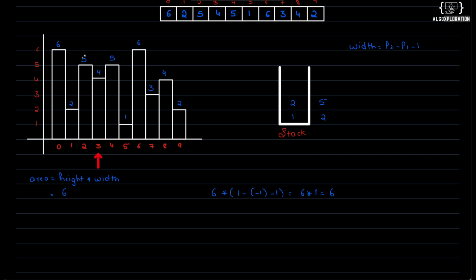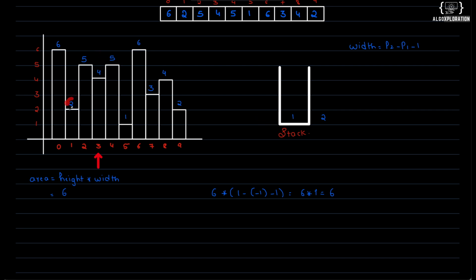Now over here I do see that if 4 is there, 5 cannot be the answer, right? So I need to pop this element, the index 2. Why am I popping this? Because I do get this next smaller element. And where would the previous smaller element be stored? Just at the top of the stack.